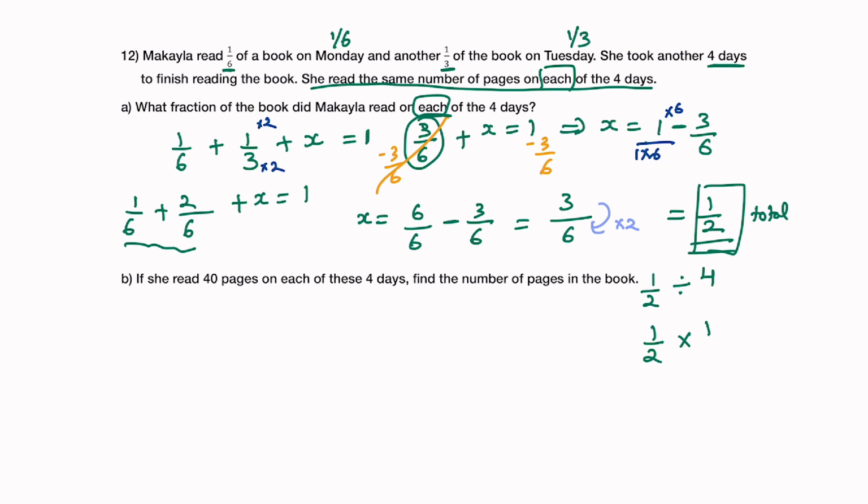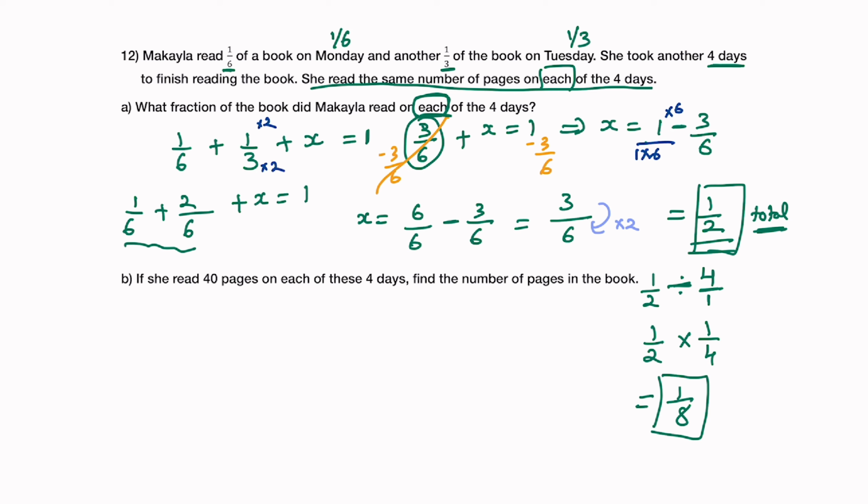Division becomes multiplication and we inverse. We inverse because this 4 means 4 over 1. So it becomes 1/8. So on each of those 4 days, she is reading 1/8 of the book. Okay? So if you reach until here, it is the total of 4 days, but we are asked on each of the 4 days. So we had to divide that by 4 to get this answer.